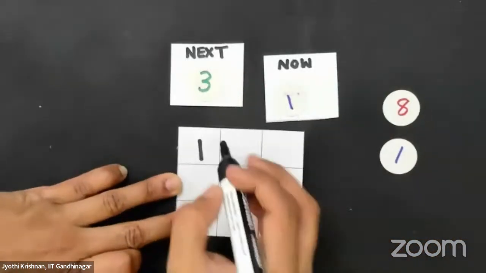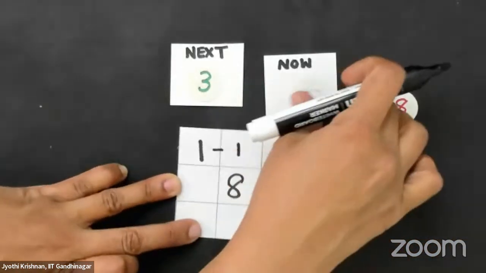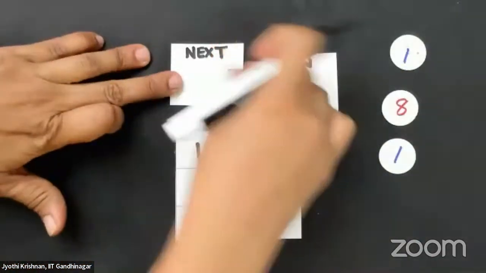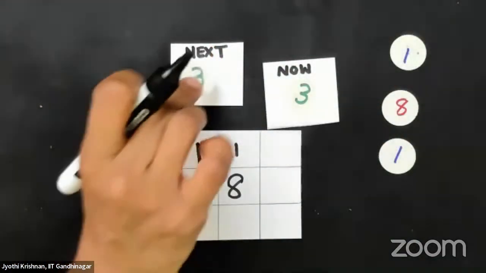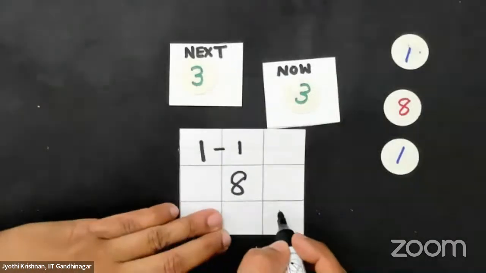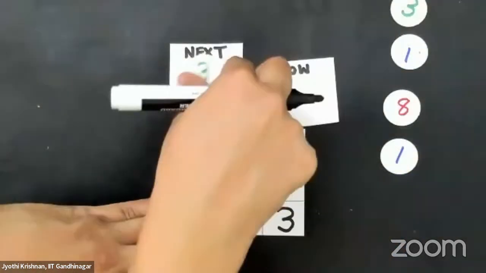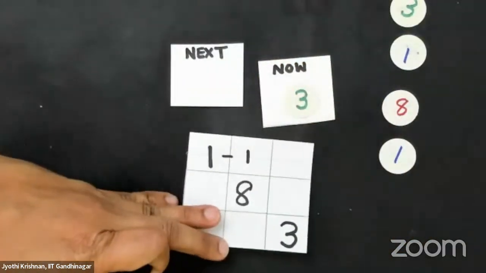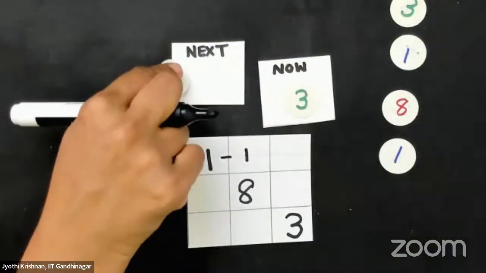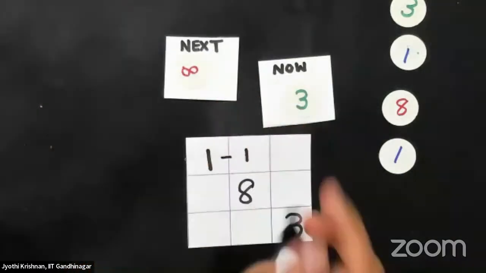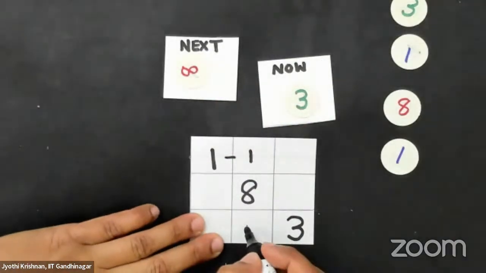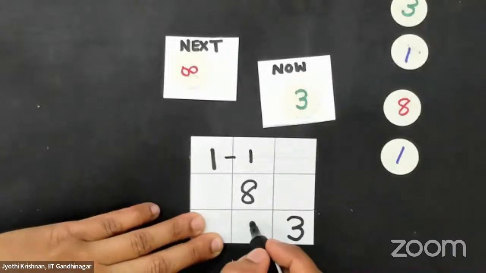Now there's one more 1. Then I'm going to have a 3 and another 3. Okay, so I got one more 3.